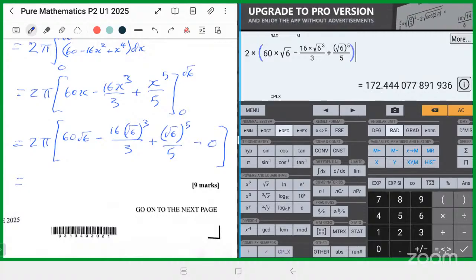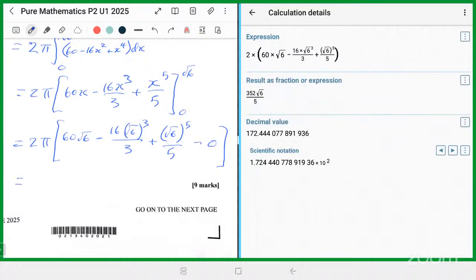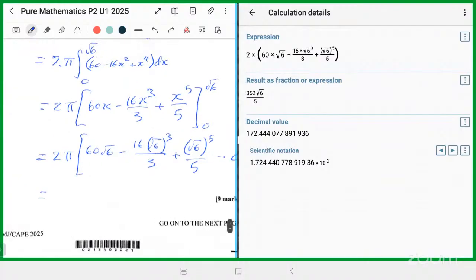Let me see if I get the exact answer. Okay, 352 root 6 over 5. So the answer is 352 root 6 over 5 pi, in cubic units.